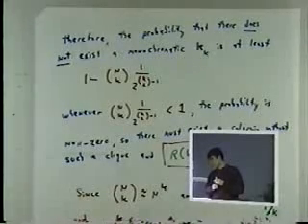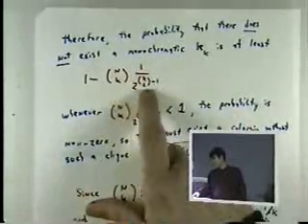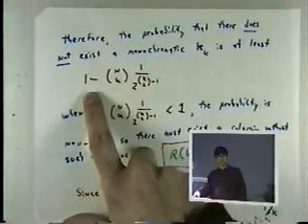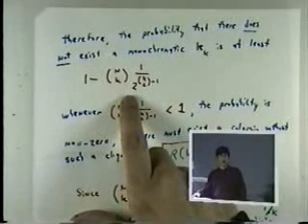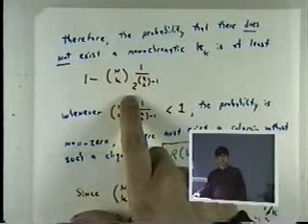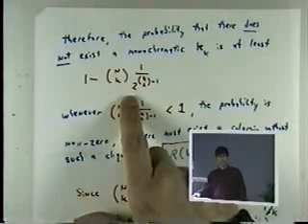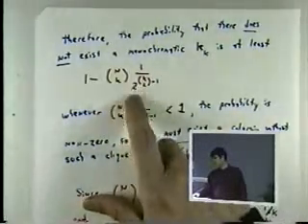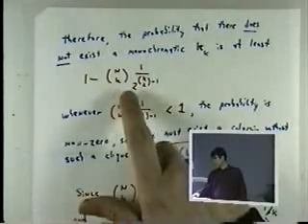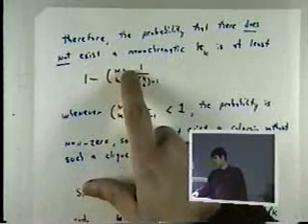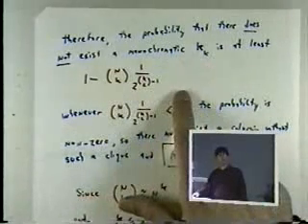Well, what's the big deal? Let's think about this thing. Suppose it's the case that this is less than 1. 1 minus something that's less than 1 is something that's bigger than 0, correct? That means that the probability that there does not exist a monochromatic K subset is greater than 0.